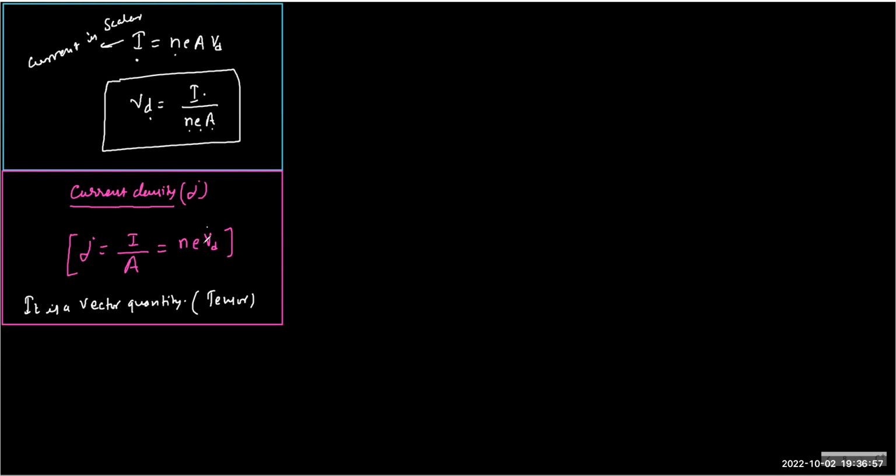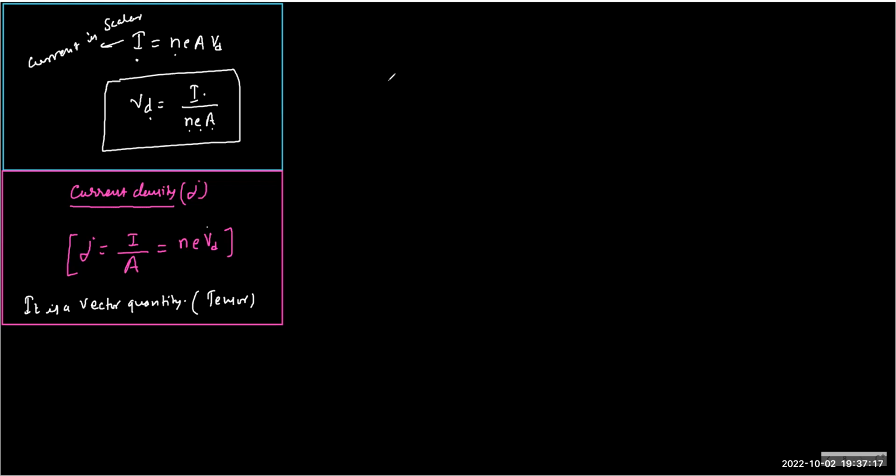And because the electric field is a vector, these are vector quantities. Yes or no? I hope this is clear to all of you. So J equals nevd, I equals neAvd, so J equals nevd.